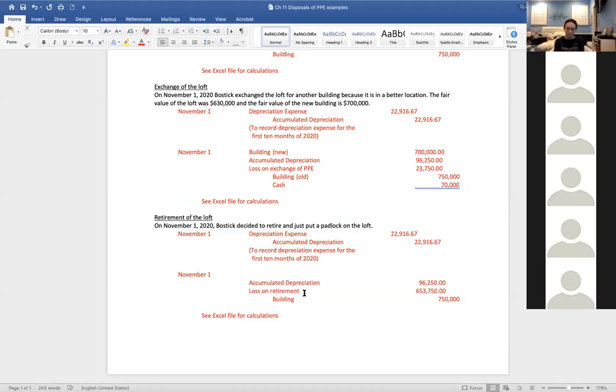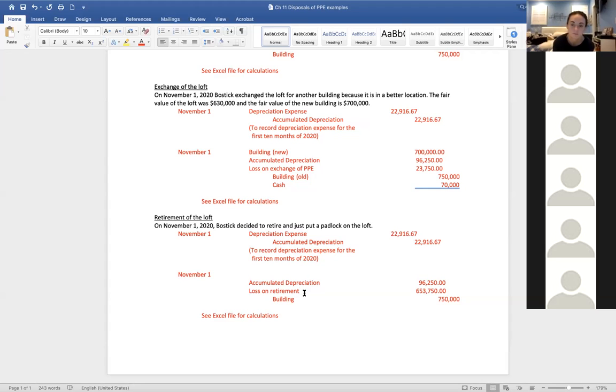Now, what did we receive if we just abandoned it? Did I receive anything? No. So I just need to get the asset off the books, and the book value becomes my loss.